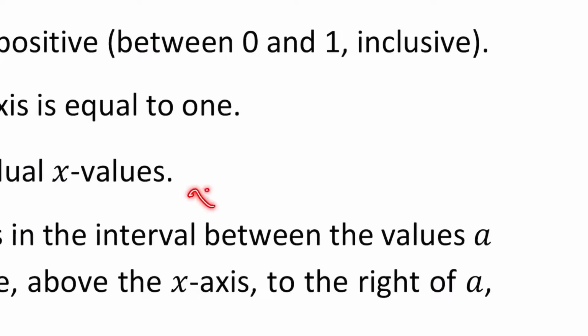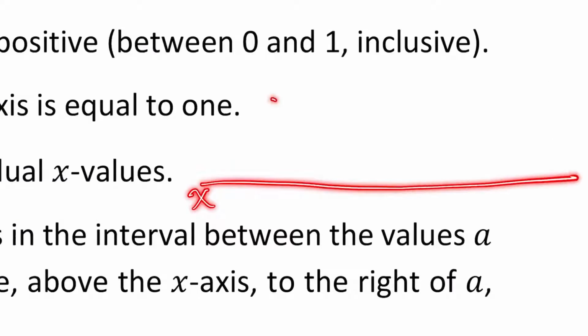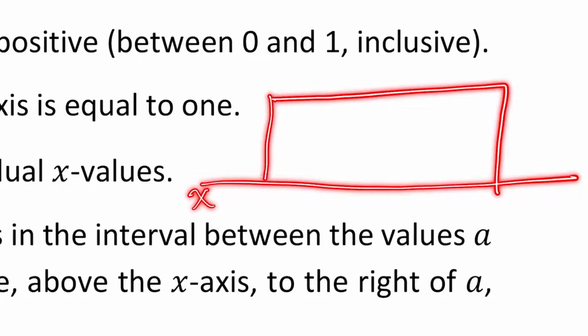So suppose I have an x-axis right here, and this is a uniform distribution. And I want to find the probability from A to B. Now remember, we've talked about the uniform distribution before. It's just where everything is uniform and has the same likelihood.